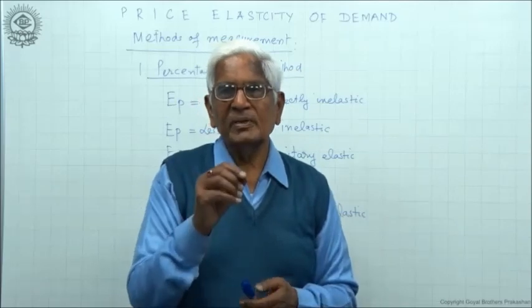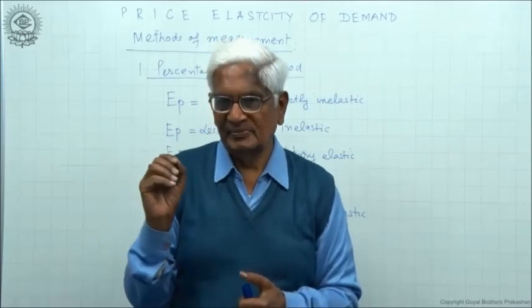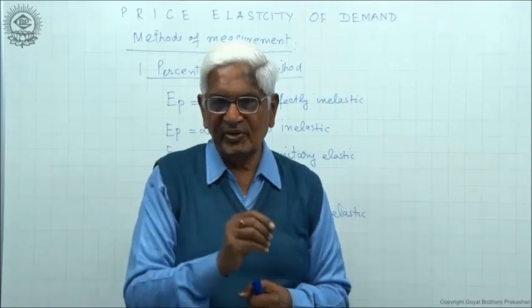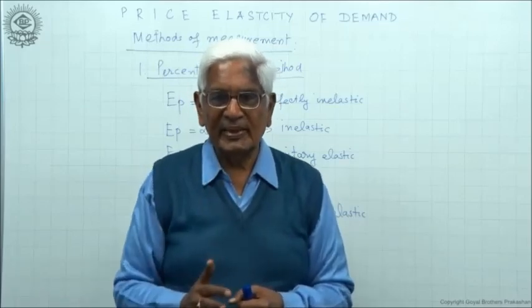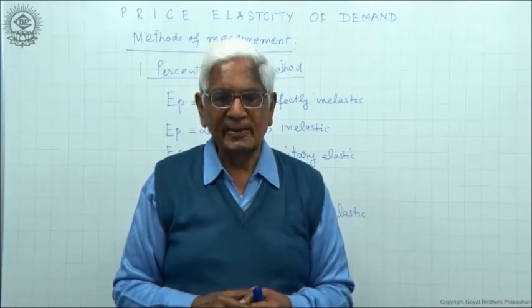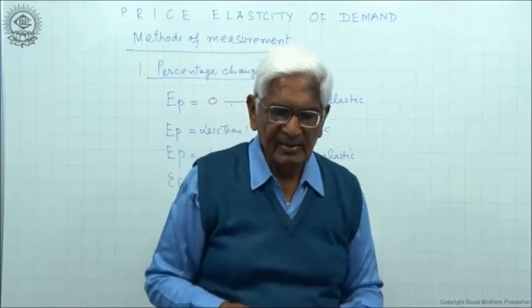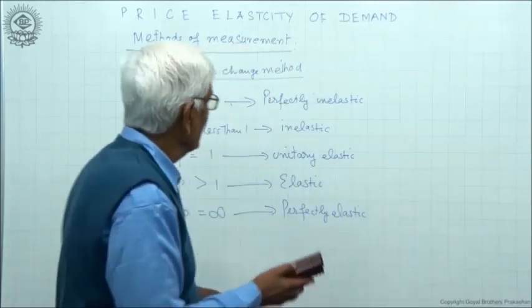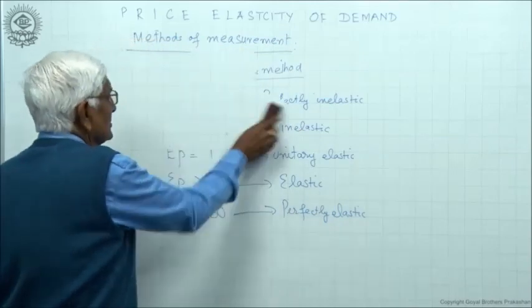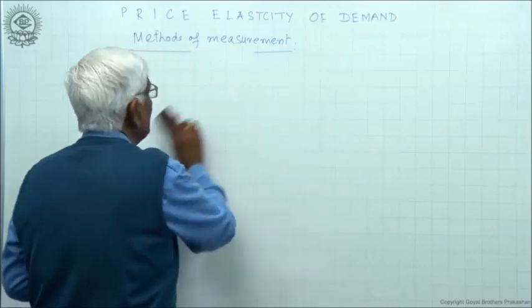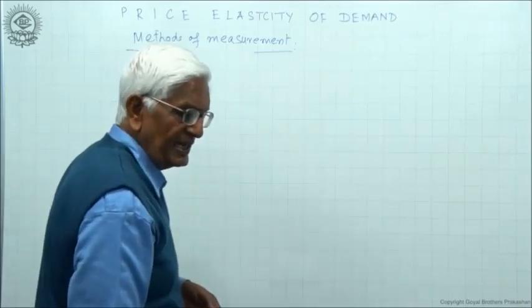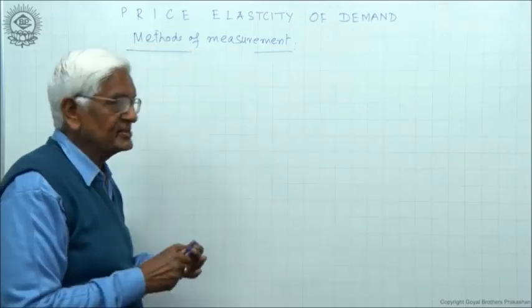So if the term is used loosely in a question, the demand for this commodity is elastic, immediately it should come into your mind, is talking of elasticity greater than 1. This is one method of measuring price elasticity of demand. These 5 categories, they are applied to all the methods.